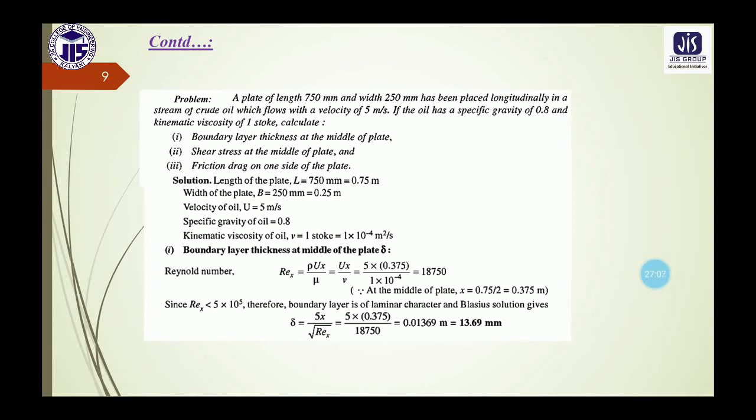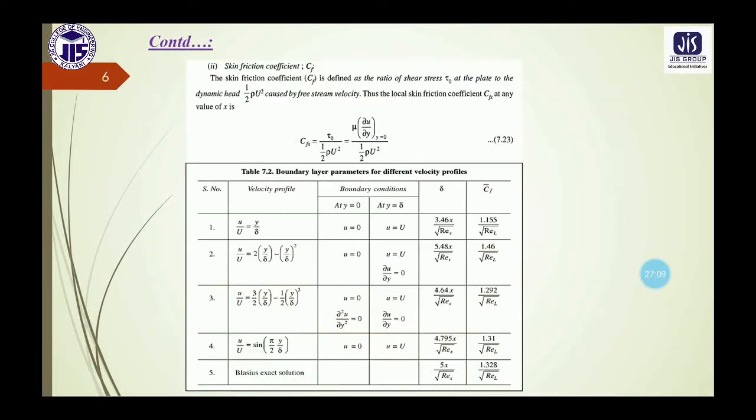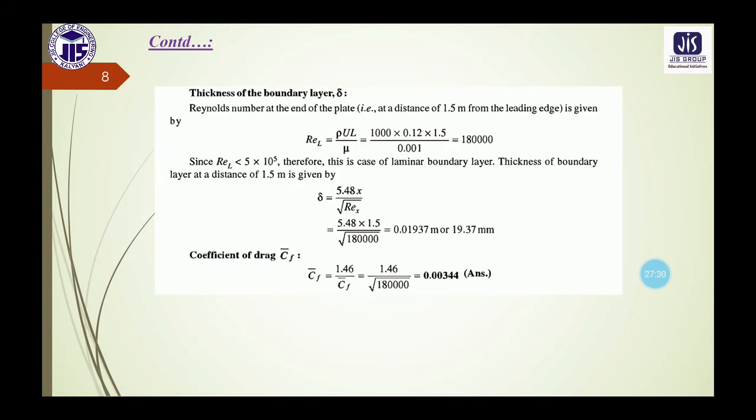Here you can see in this table, corresponding to the Blasius exact solution, the boundary layer thickness formula is 5x divided by root under Re_x, and the skin friction coefficient is 1.328 divided by root under Re_L. So these are the formulas that we will use in this numerical.